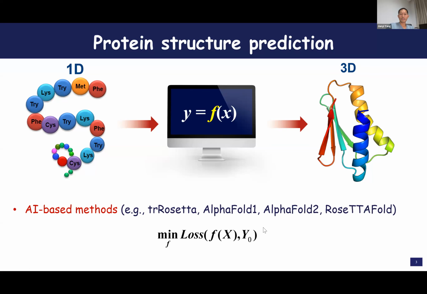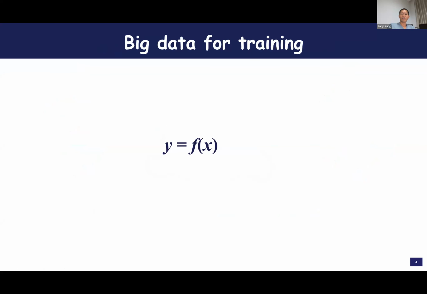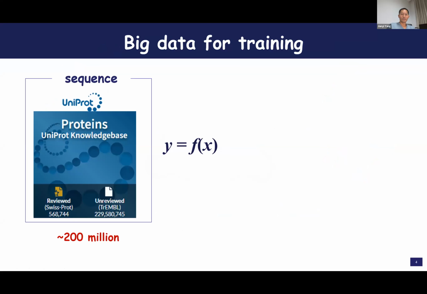To do this minimization, we need data to train the network f. So this is the big data for protein structure prediction. As we said, the mathematical model is y equals f(x), and the first variable, x, is the protein sequence. By DNA sequencing, we have more than 200 million sequences in the UniProt database.